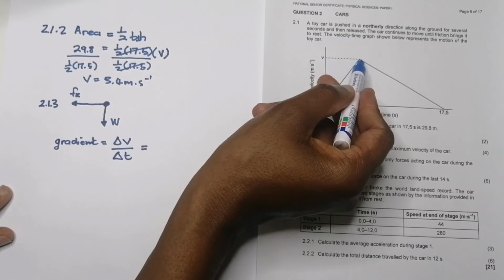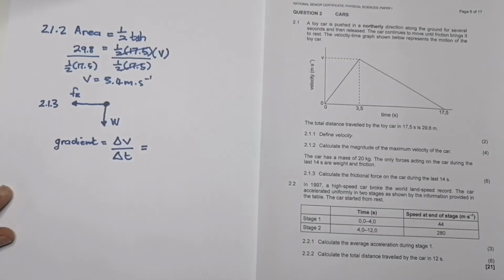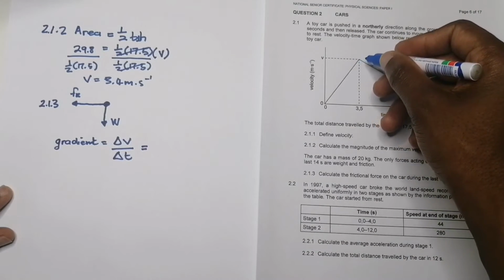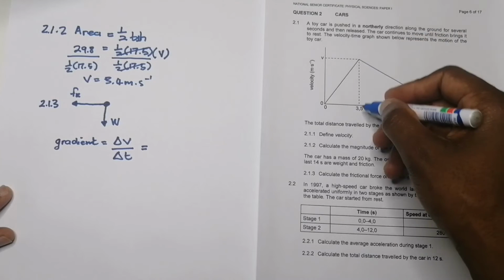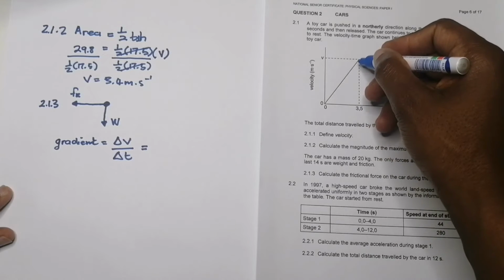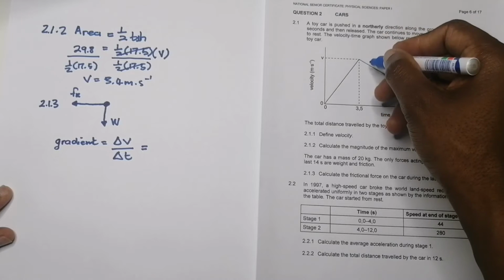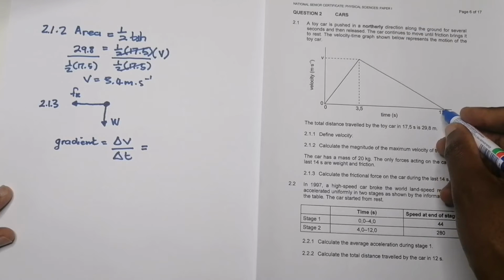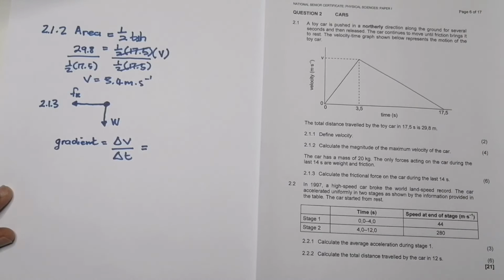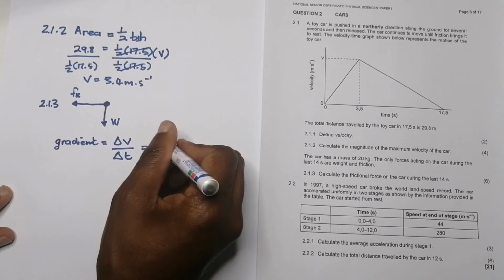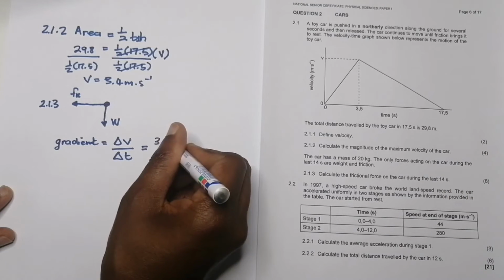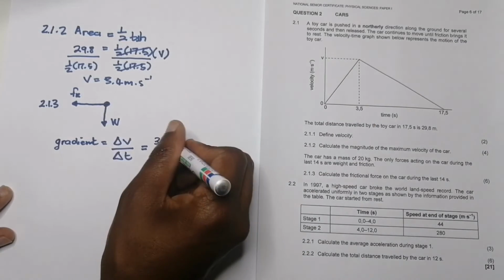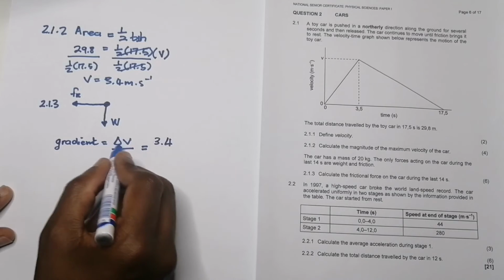At time 3.5, the velocity is v. And I'm going to take the time at 17.5, where my speed is 0. So the change in velocity is 3.4.